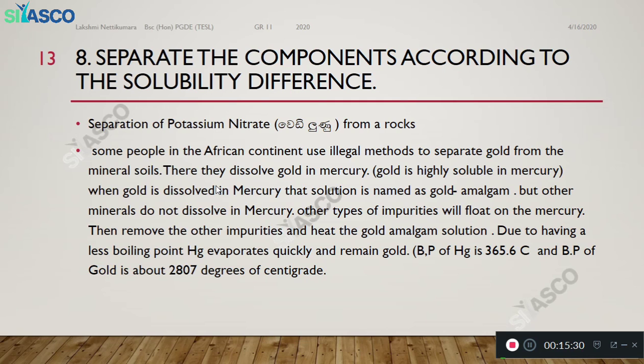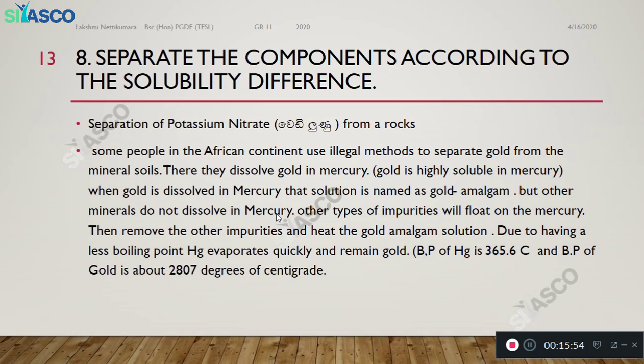These people use illegal methods to separate gold. What they do is they dissolve gold in mercury because gold is highly soluble in mercury. When gold is dissolved in mercury, that solution is named gold amalgam. But other minerals do not dissolve in mercury.